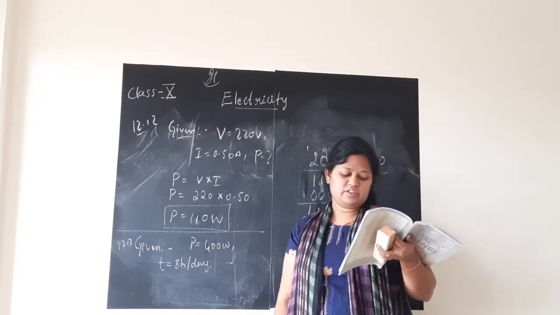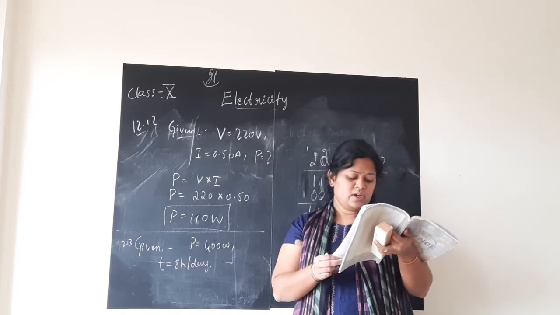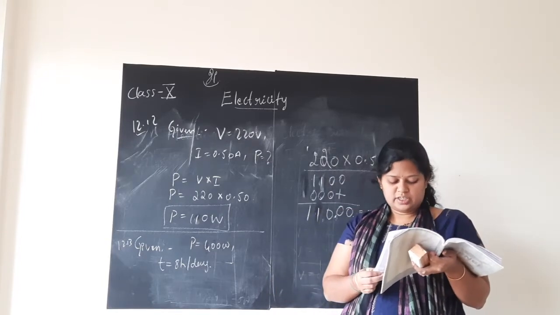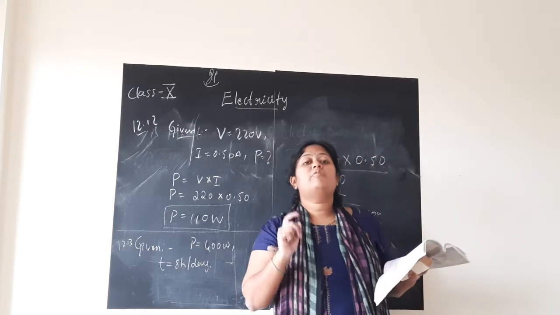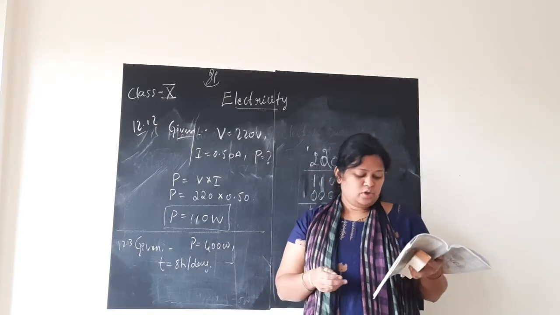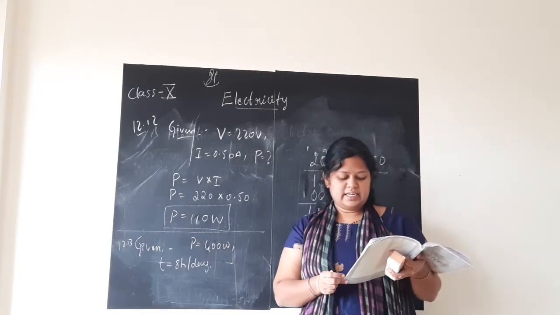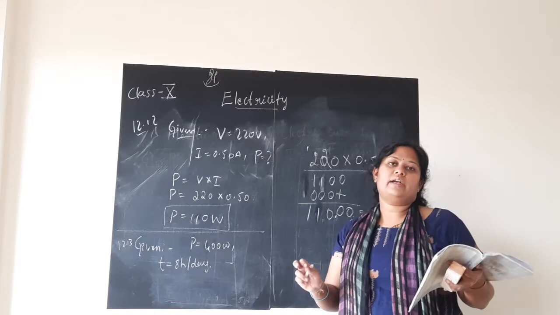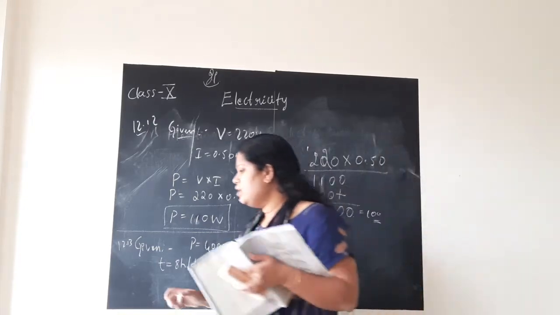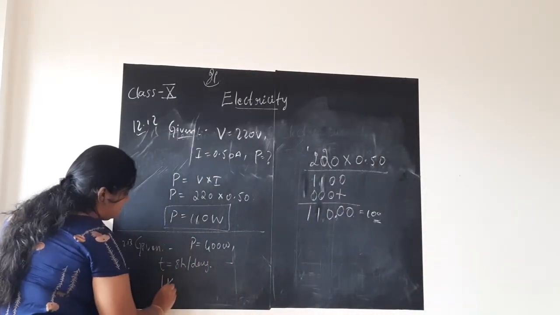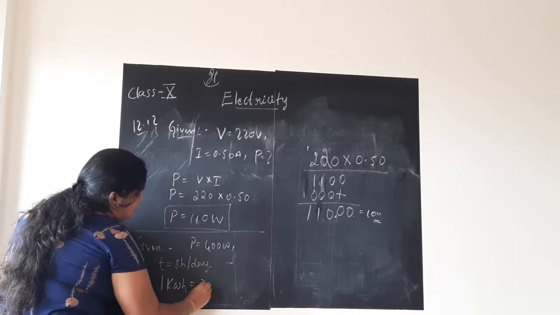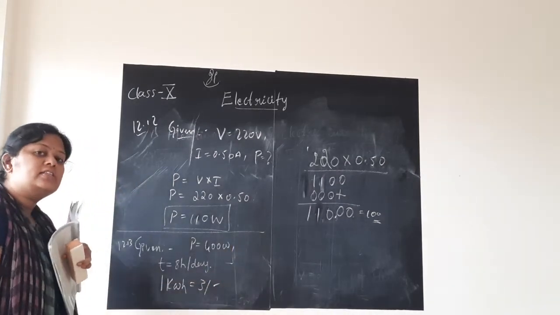At 400 watts of electric power it is consuming. What is the cost of the energy? Means how much money to operate it for 30 days at rupees 3 per kilowatt hour. So for 1 kilowatt hour, 3 rupees it is being charged.